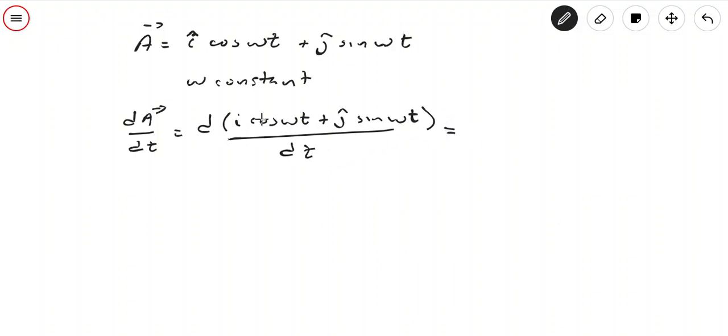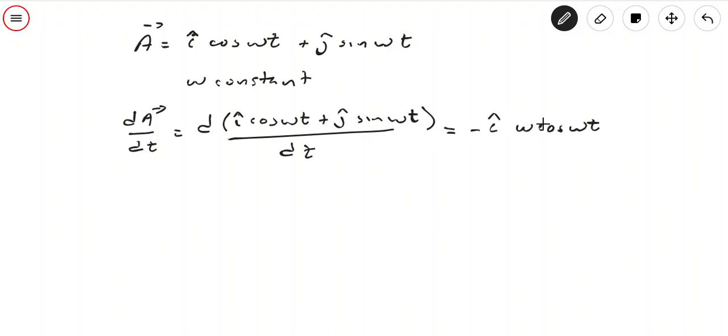So the first derivative of the cosine of Wt would be negative sine of Wt times W. So this would be negative i, of course the unit vector. The derivative of the cosine is negative sine, and the derivative of Wt using the chain rule is going to be W. So negative i W sine of Wt, sorry, my mistake, the derivative of cosine is minus sine.